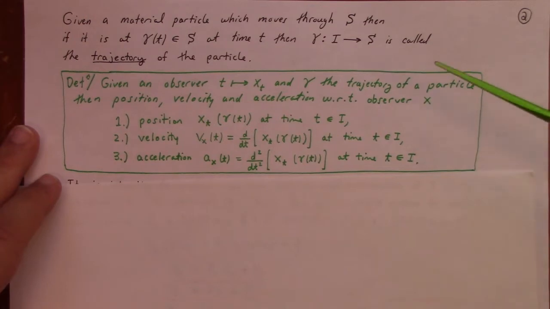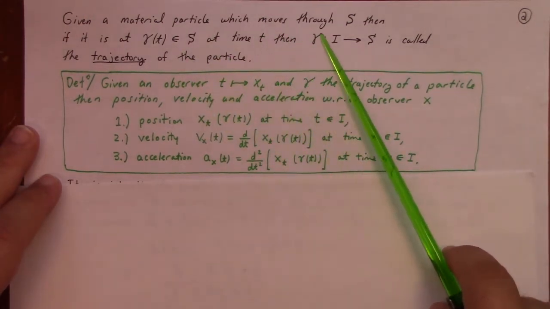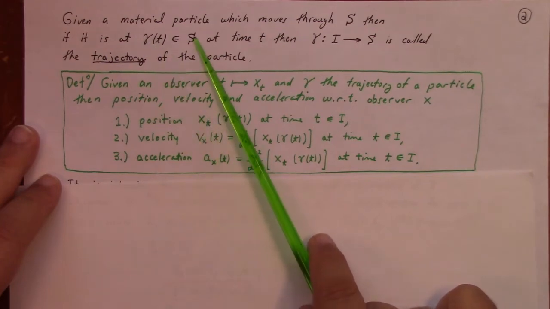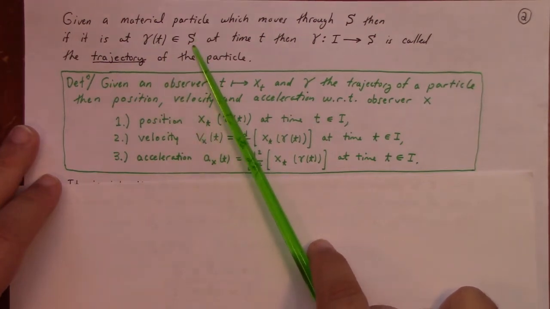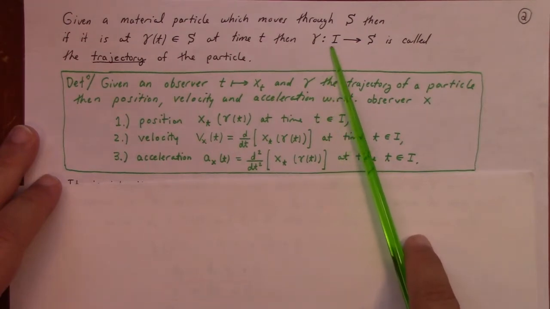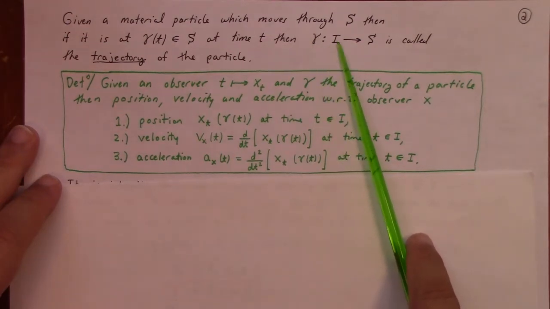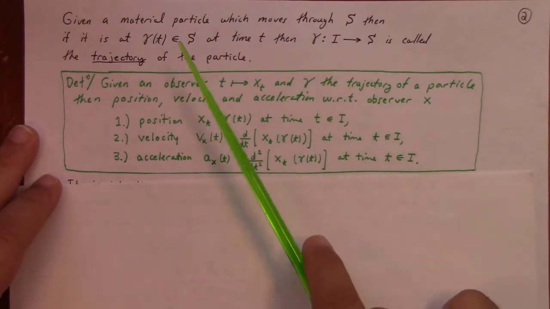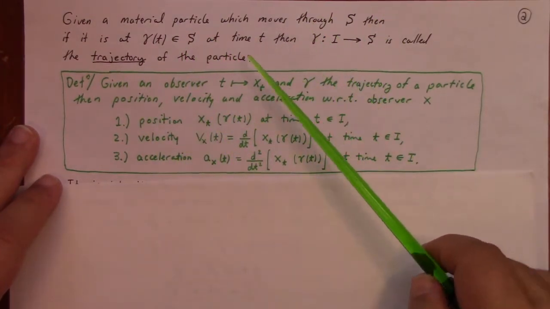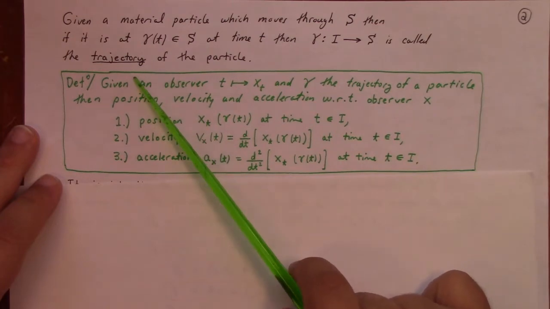But anyway, given a material particle which moves through S, if it is at gamma of t at time t in S, then gamma, a path, right? It's a mapping from R to S, is called a trajectory of the particle. And if you have a particle, you can look at its trajectory.